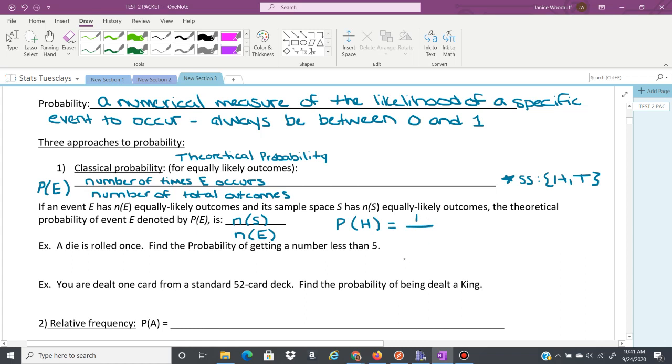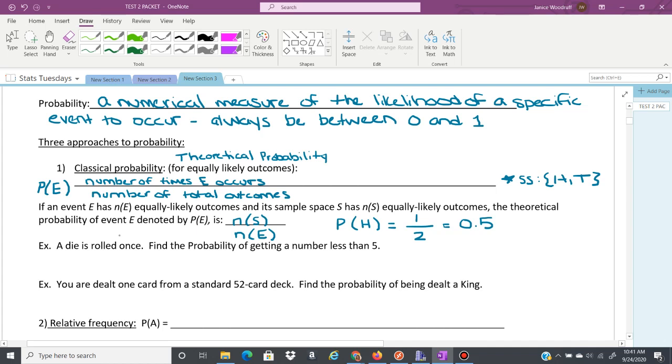One time. How many total outcomes are there in the sample space? 1, 2. The probability of getting heads is 1 over 2, or 0.5. So how many times in the sample space does that event occur, and how many total outcomes could there possibly be?